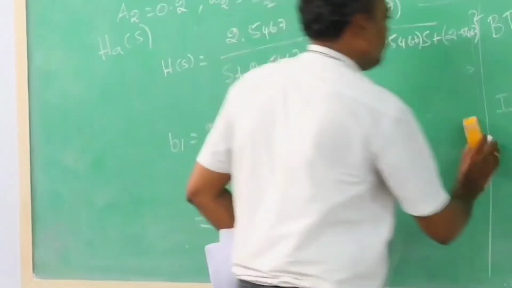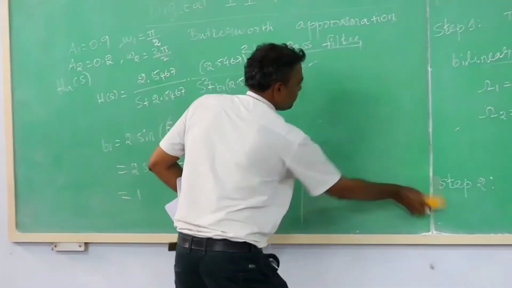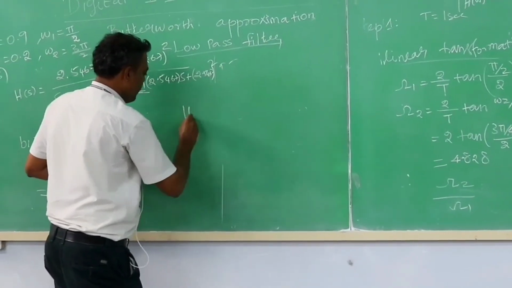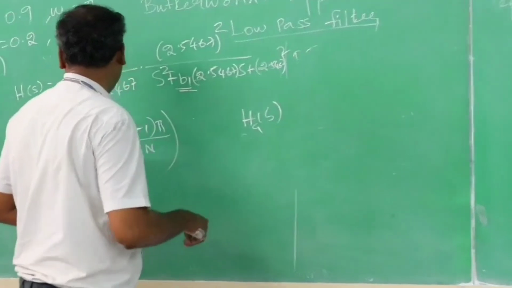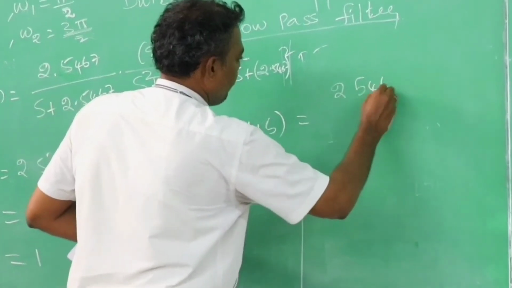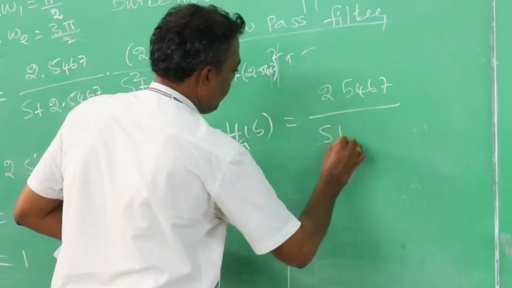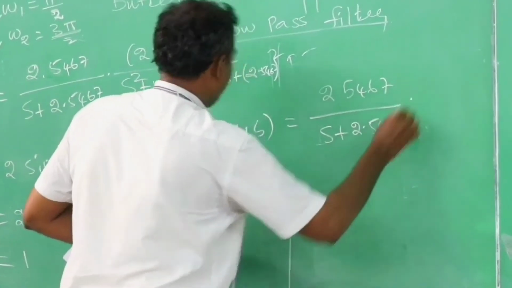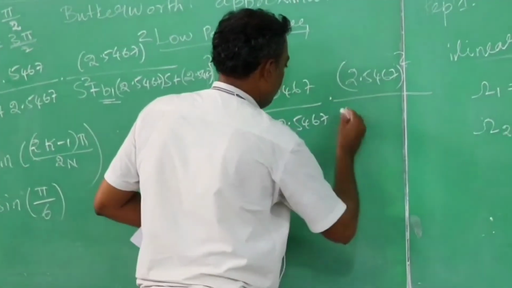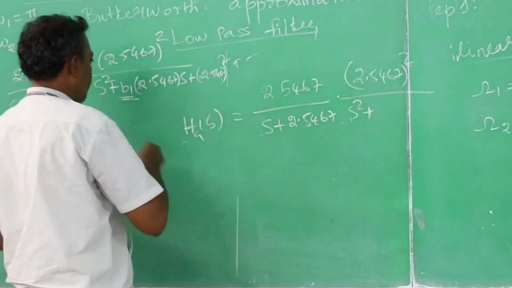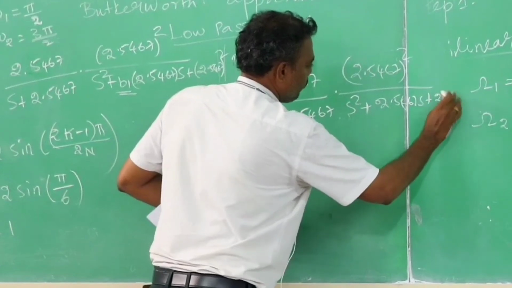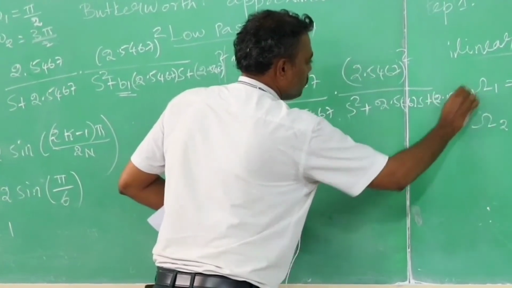Finally, we get the transfer function of the analog filter, H_A of s, equal to 2.5467 divided by s plus 2.5467, multiplied by 2.5467 whole squared divided by s squared plus 2.5467 s plus 2.5467 whole squared.